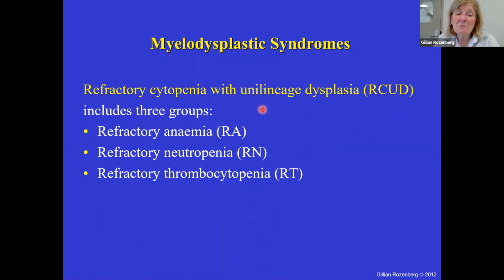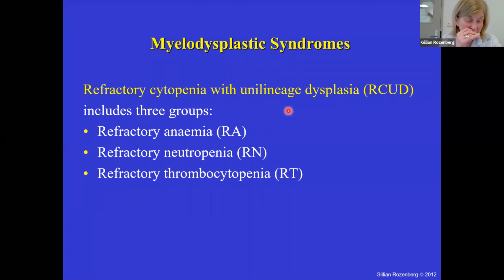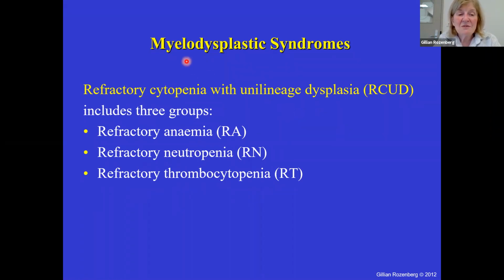So refractory cytopenia with unilineage dysplasia. If you're registrars, just be mindful of the fact that these groups have been superseded now. Refractory cytopenia with unilineage dysplasia includes 3 groups: refractory anemia, refractory neutropenia, and refractory thrombocytopenia.